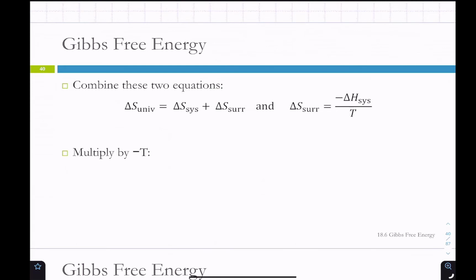And our equation here, where the change in entropy of the surroundings is related to how much heat is released or absorbed, the enthalpy of our reaction. So we plug this in, we'll get delta S of the universe equals delta S of the system plus negative delta H of the system divided by T.